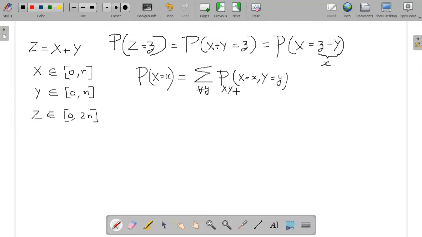For two independent random variables x and y, this is nothing but summation over y. Joint PMF is equal to the product of individual PMFs: probability X is equal to x and probability Y is equal to y.